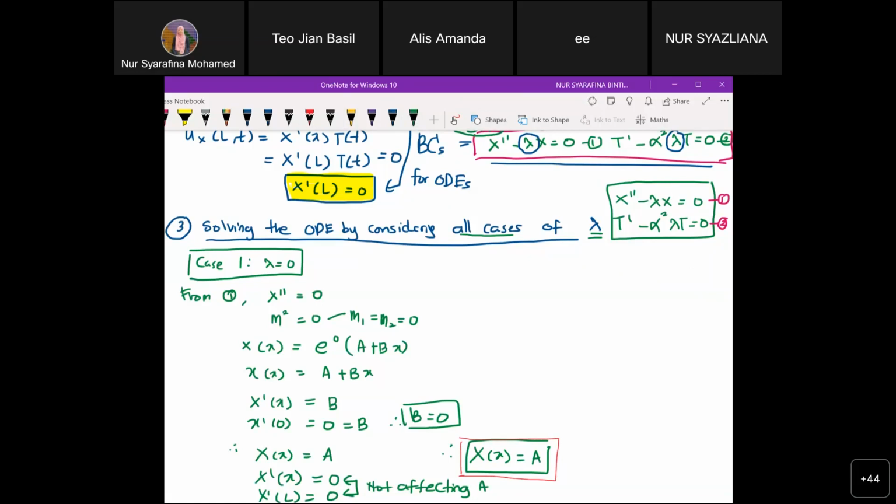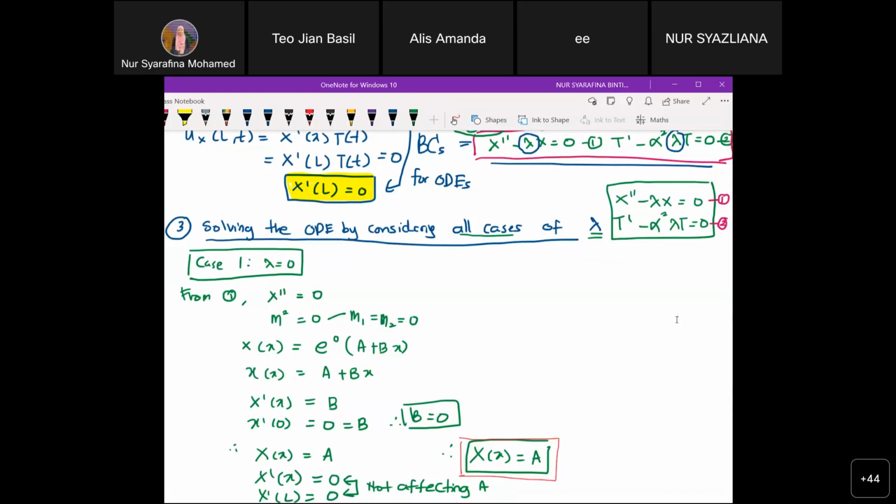Anyone has a question? Okay. So for this case, we have found the solution of x.